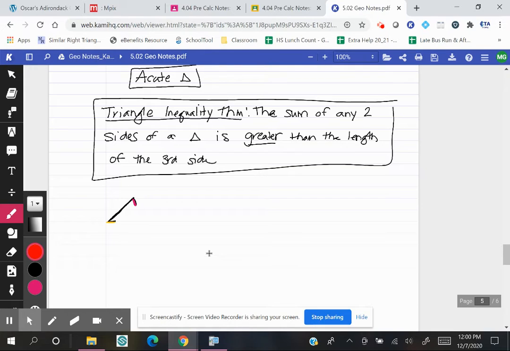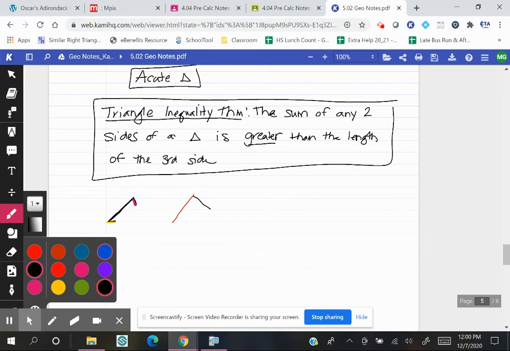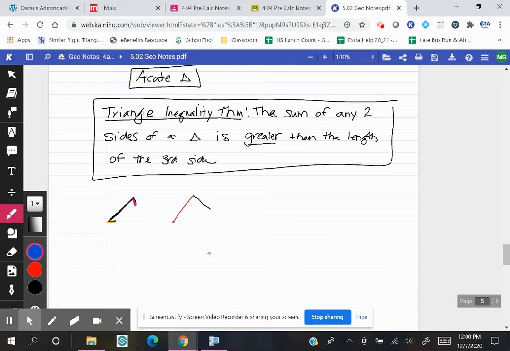The reason is that the sum of this pink and yellow side is not greater than this black side. So any two sides you take should be bigger than the third side. If I took the black and the red side and made them straight in a line together, then they would be longer than this blue side.